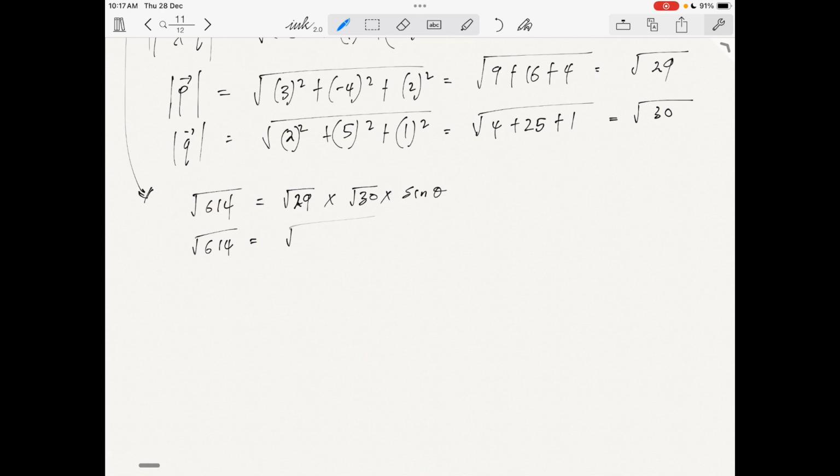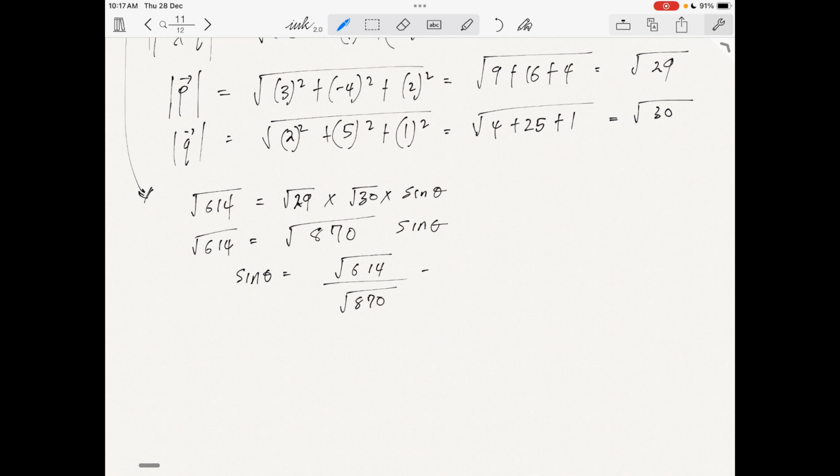So we have this one to be root 614, and when we multiply root 29 by root 30, we have root 870 multiplied by sine theta. So for sine theta, we divide both sides by root 870. Sine theta is equal to root 614 divided by root 870.